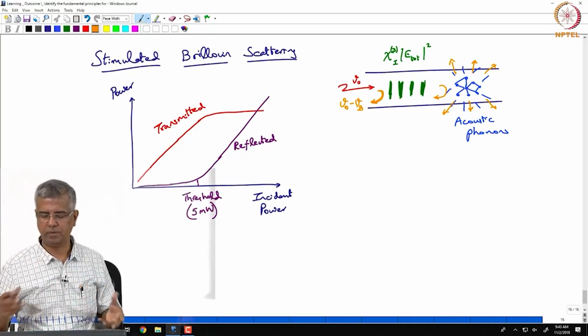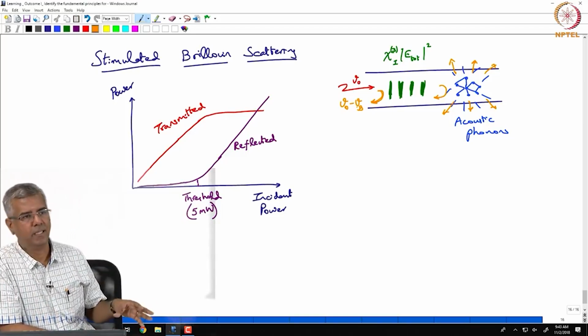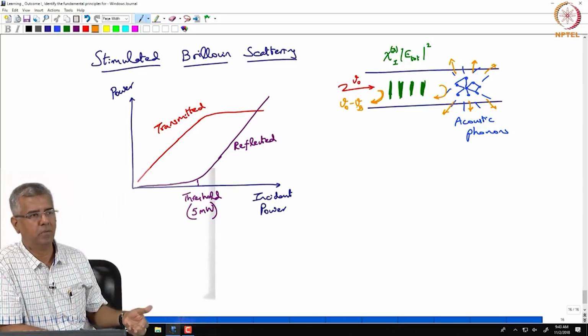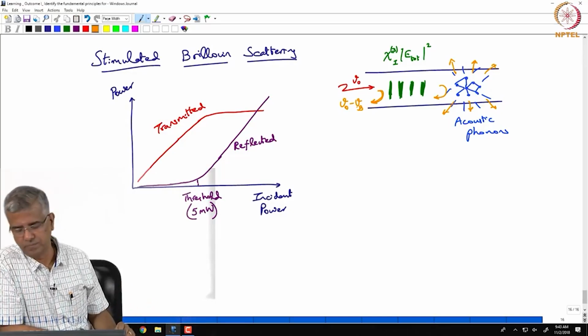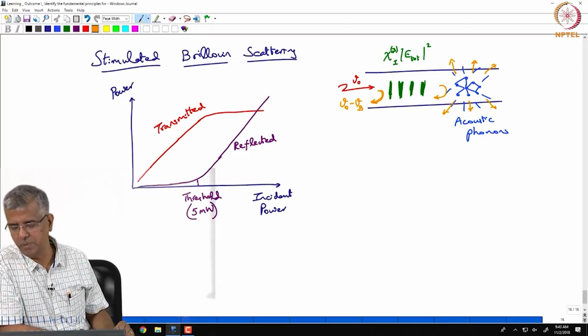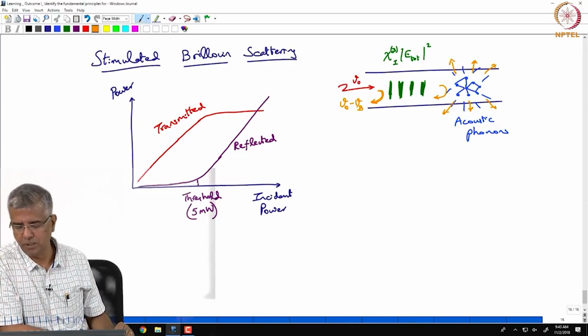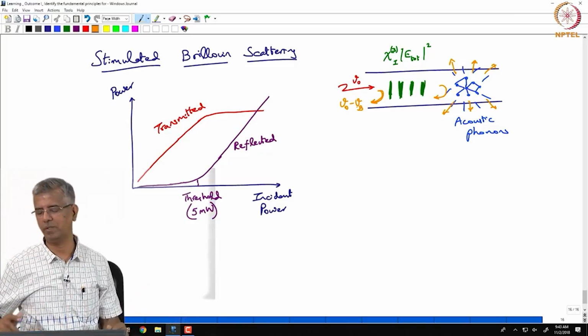So what are we talking about? We are talking about light getting scattered by sound waves inside this medium. Okay, these are naturally occurring sound waves inside this medium, and because of that you have a downshift in the frequency. Why is there a downshift in the frequency?